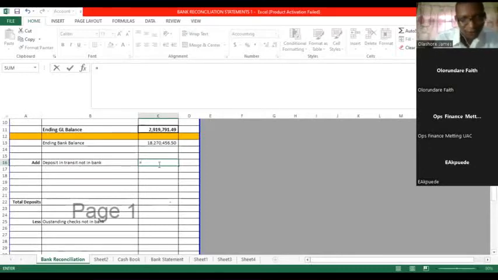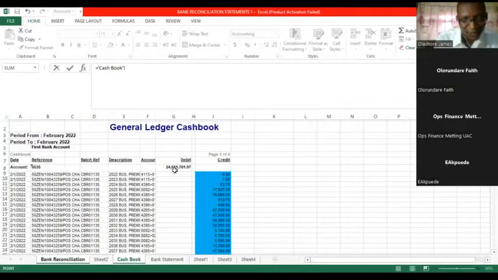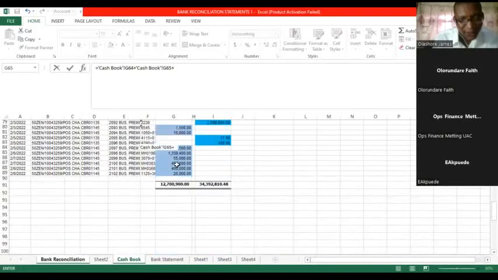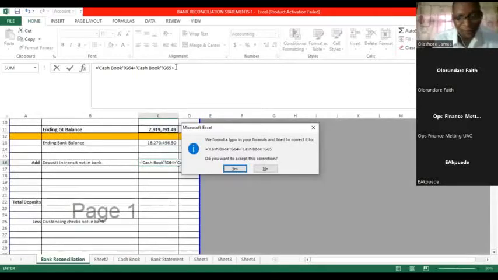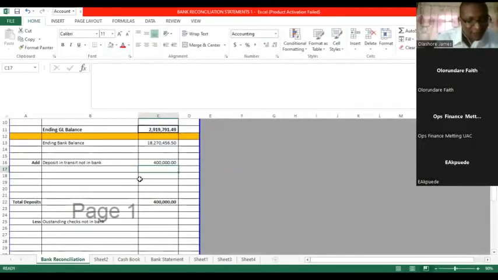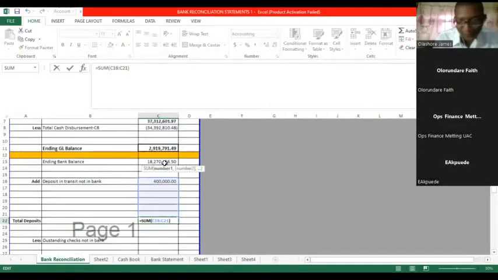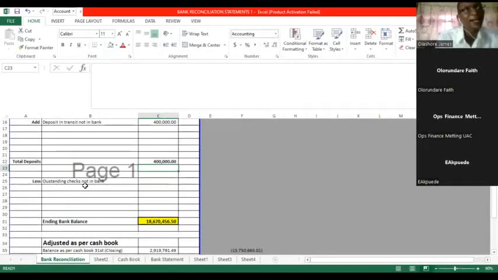So what do we do? We take all the debits in cash book that are not in bank. So what are the debits in cash book not in bank? So we have this, and that's all we have. Then after adding that, they said less outstanding checks not in bank.